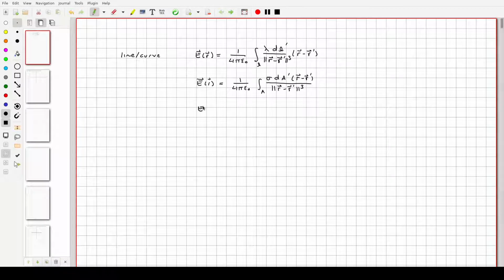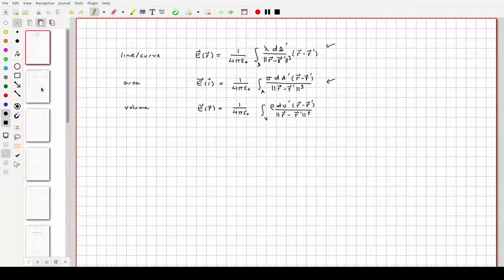For a volume, again, 1 over 4 pi epsilon naught, the integral over a volume of rho dV prime, r minus r prime divided by |r minus r prime| cubed. So, again, this is for an area, and this is for a volume. We're primarily going to be using the line one today. We will use the others as well, but primarily the line one, and you'll see why.